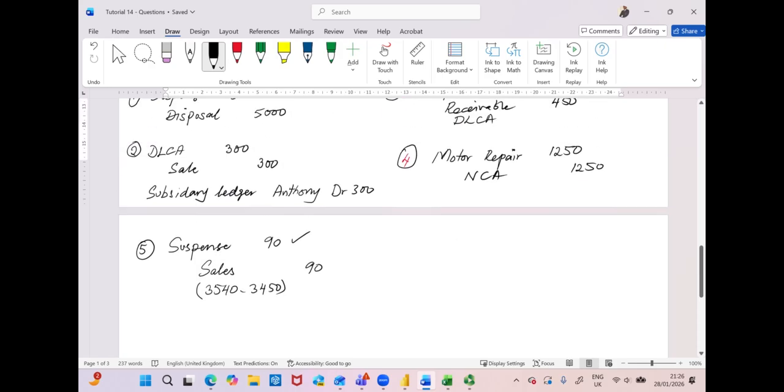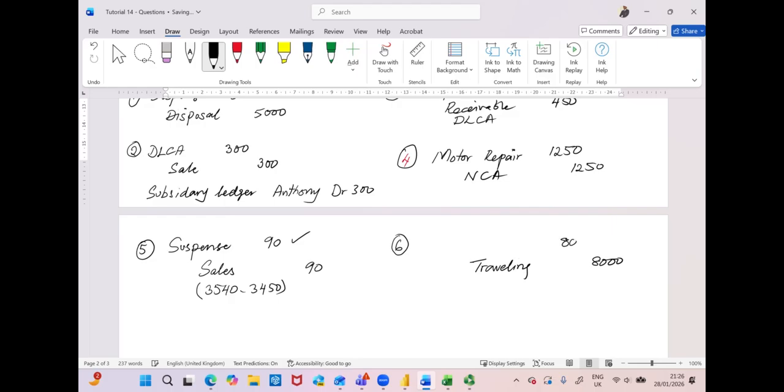So let's record number 6. In transaction number 6, as you know, she recorded that in the traveling expense. So when traveling expense increases, they are debit. So now we need to remove it from the traveling expense account. Therefore, we will credit the traveling account, and the amount is £8,000.